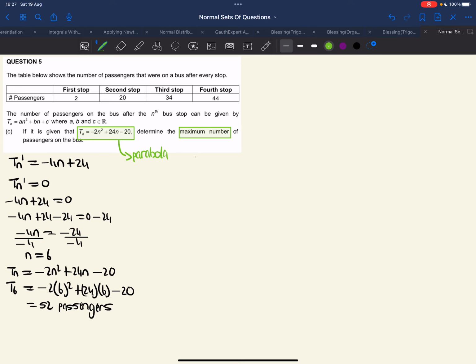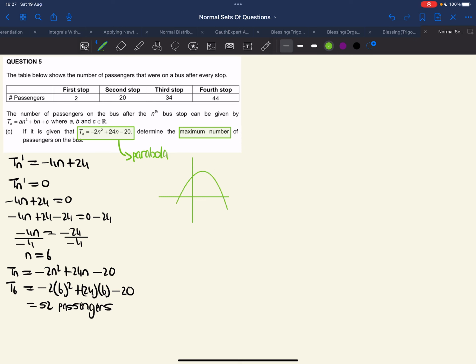So if we had to draw that function, seeing that a is negative, not positive, our function is going to be concave downwards. It's going to look probably something like this, right?